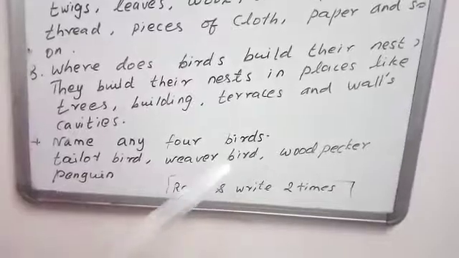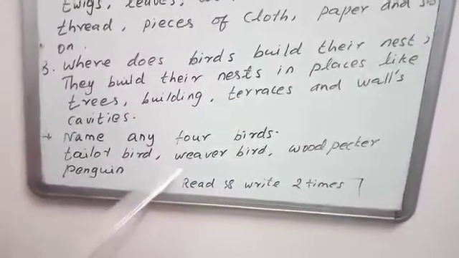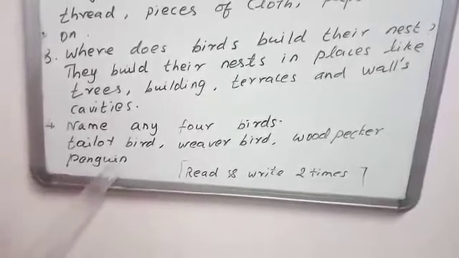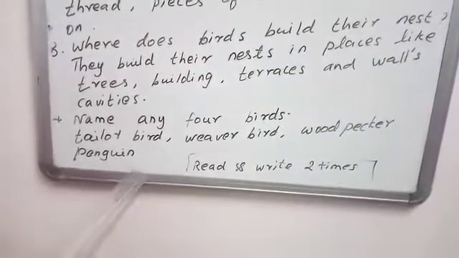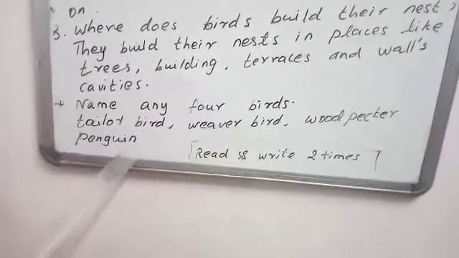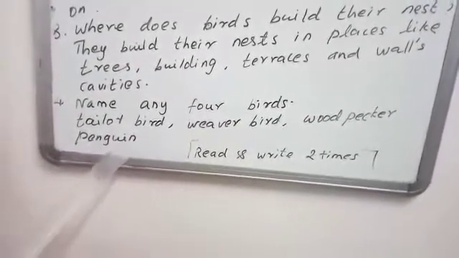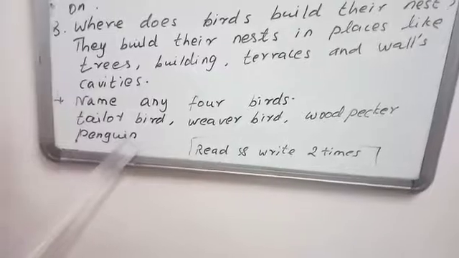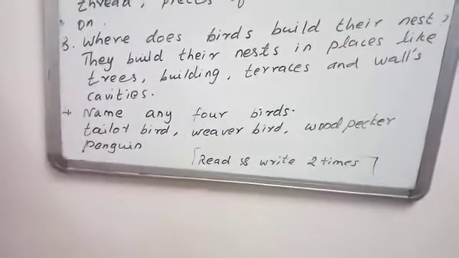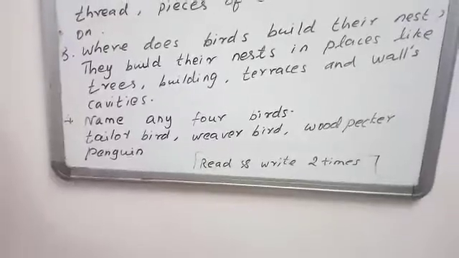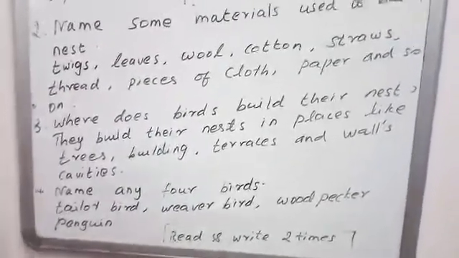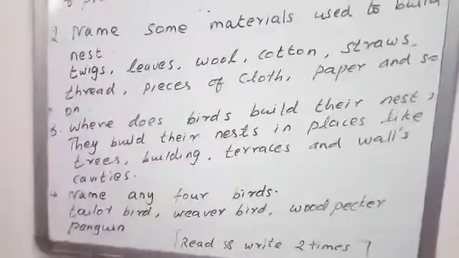Name any four birds. Tailor bird, weaver bird, woodpecker, penguin. So what does the tailor bird do? It uses cotton, wool, and dry leaves to build a nest. The weaver bird also uses these materials to build a nest.